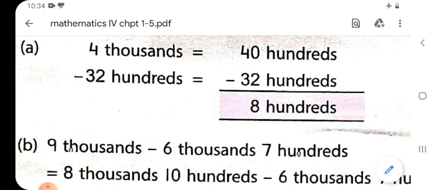We can't convert the smaller place value into the bigger one, because for that we have to multiply, and that is not in our syllabus. So now 4000 and 3200 are both hundreds, and simply we will subtract.